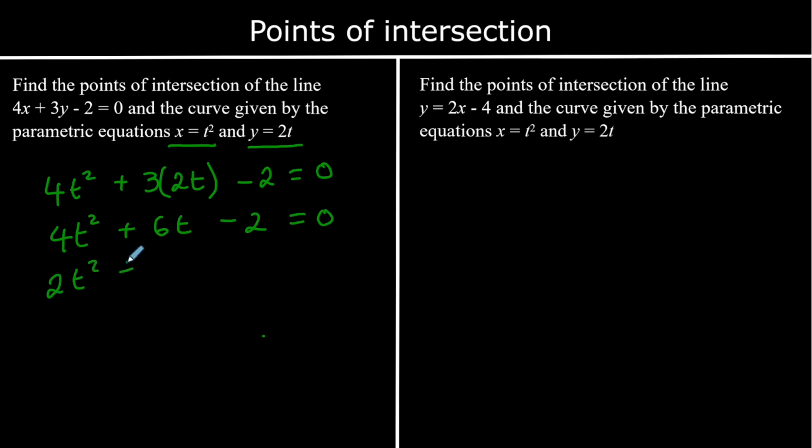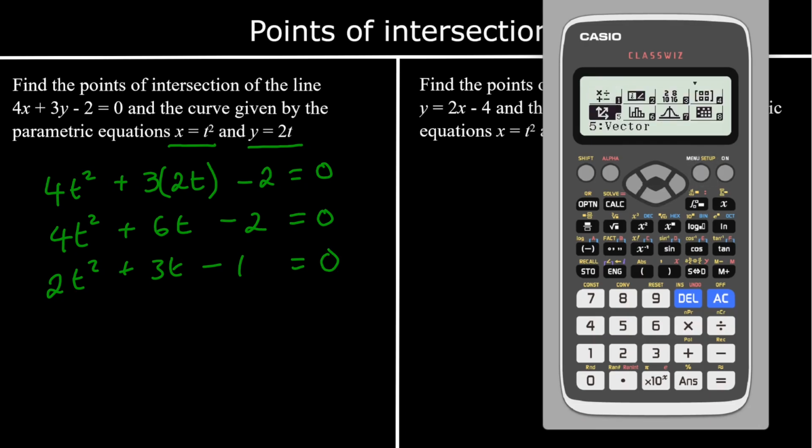That's half everything. And then I don't think this one is going to factorize. So let's type it into the calculator. So polynomial degree 2, 2, 3, -1.